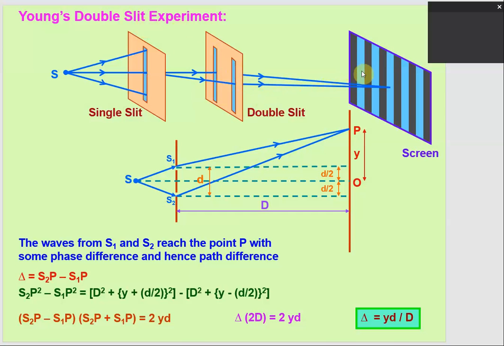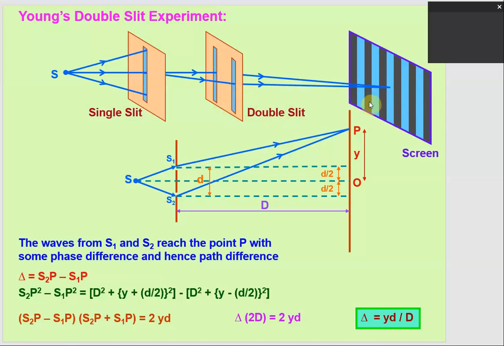If we place a screen in front of these slits, we get a pattern of dark and bright fringes, where the central fringe is a bright fringe and dark and bright fringes are formed alternately. We can place the screen at a particular distance from the double slit setup so as to form a pattern of more width or more intense light.